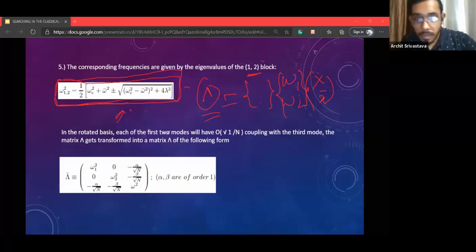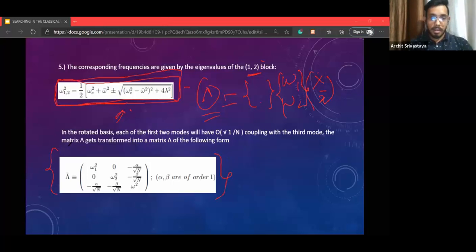Then, adding the third mode of operations to the matrix lambda, which was the less significant mode that we had, we get to this matrix.